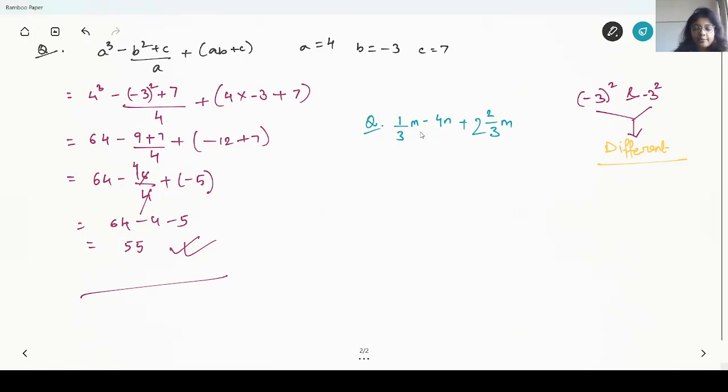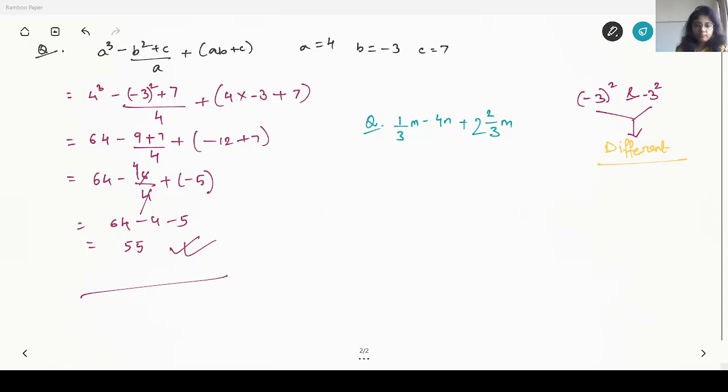We see 1/3 m and 2 times 2/3 m. We'll first add these two. We cannot subtract 4n from it, because suppose you are adding kilometers to hours, you cannot do that. It is a similar concept with variables. Two different variables mean two different unlike terms, and unlike terms cannot be added or subtracted.